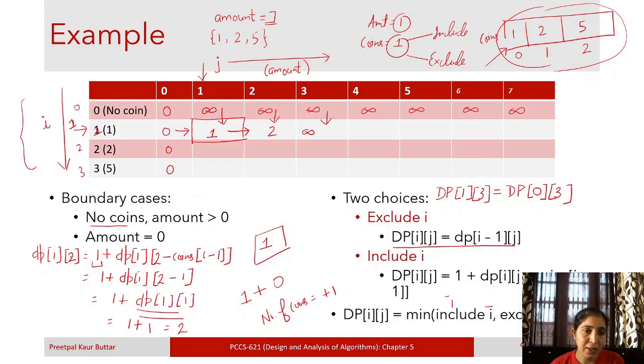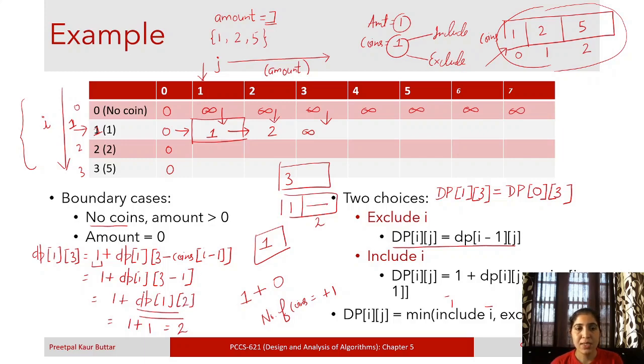And when you try to include it, now the amount is 3. Include a coin, so 1. Using 1 rupee coins, you are trying to make amount equal to 3, and what is the amount left? Amount left will be 2, right? You choose a 1 rupee coin, the total amount is 3, the amount which is left is 2.